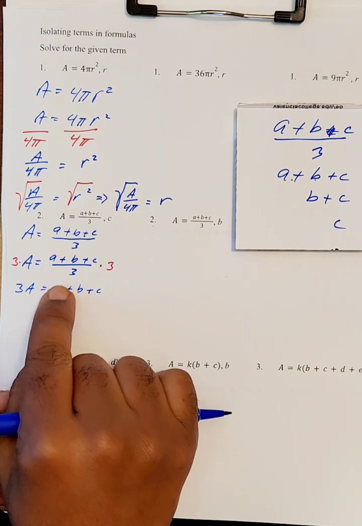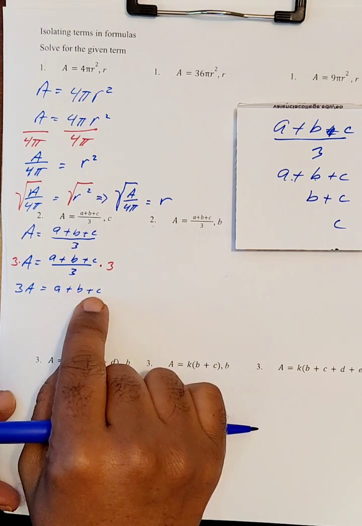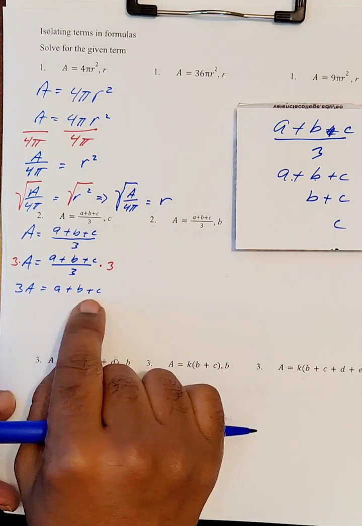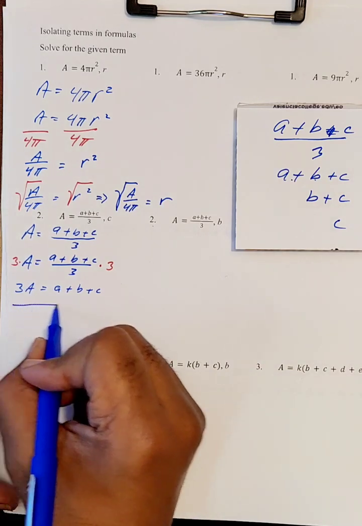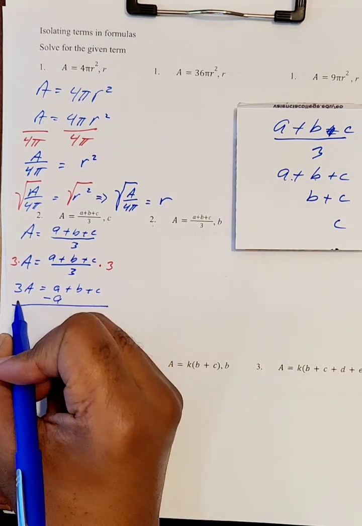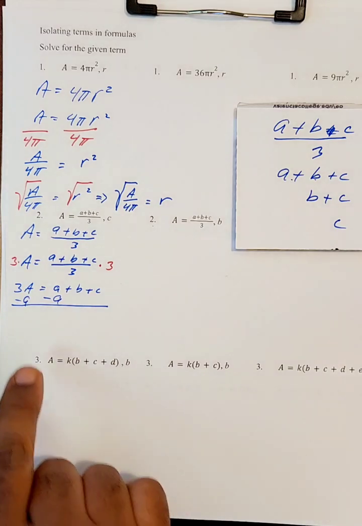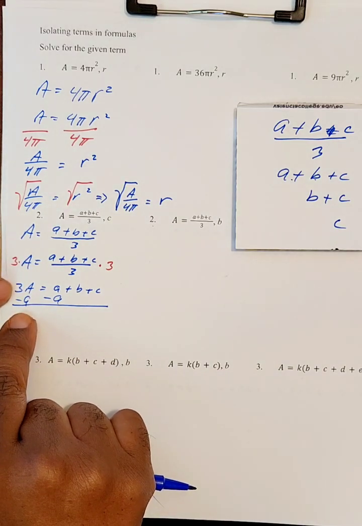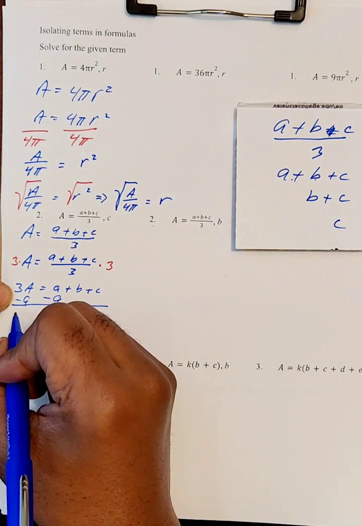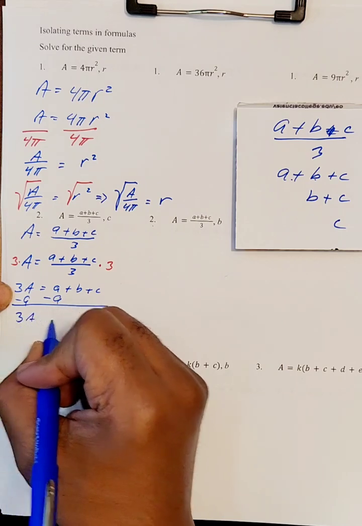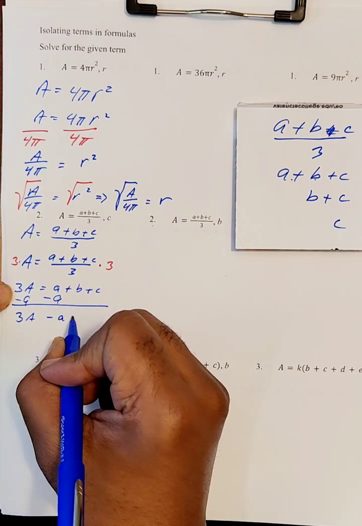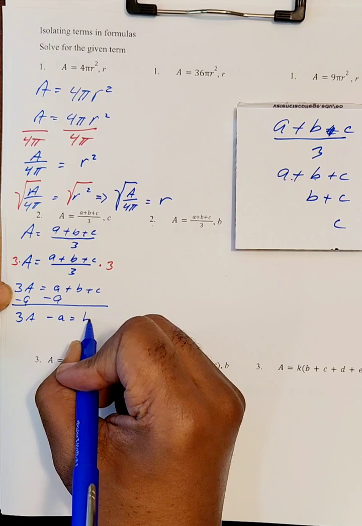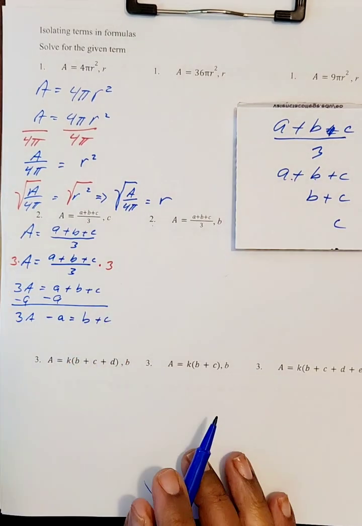This a right here is an adding a. It will be adding to the c, so we need to subtract it from this side. So subtracting a here, subtracting a here. Now since these are not like terms, they can't subtract from each other, so they can only sit next to each other. So 3a subtracting a would equal b plus c.